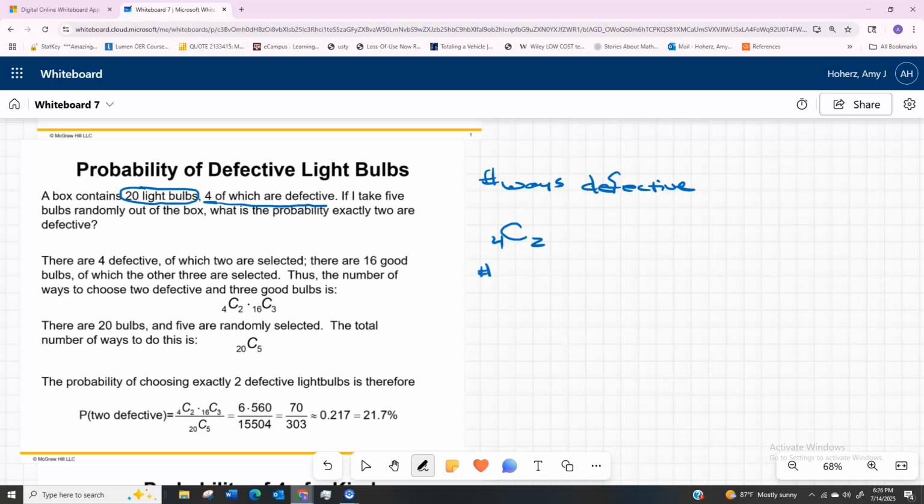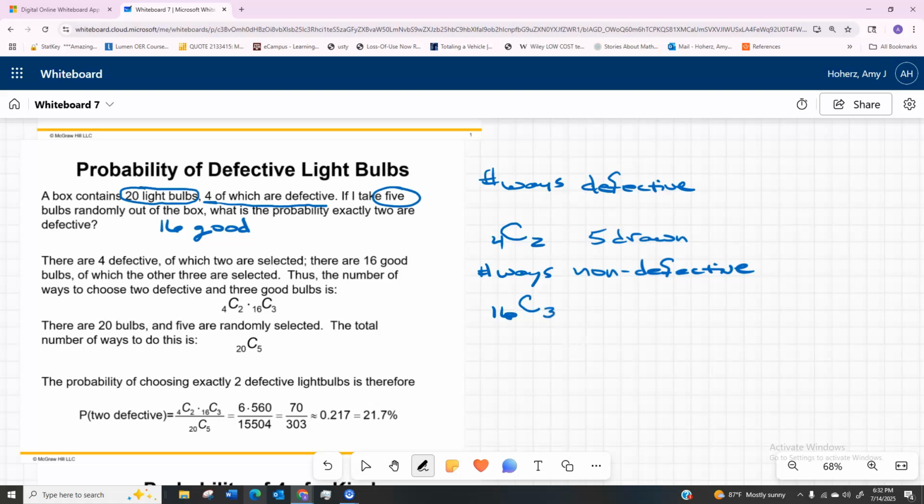Then we have the number of ways to select the non-defective, the good bulbs. Well, out of those bulbs, remember 4 are defective, so that means that there's 16 that are non-defective. And out of those 16, we want 3 of them. Now, where did I get the 3? Remember, we're taking 5 bulbs total.